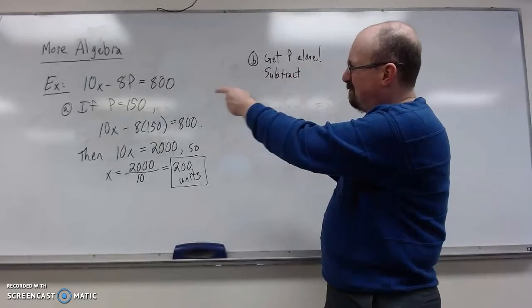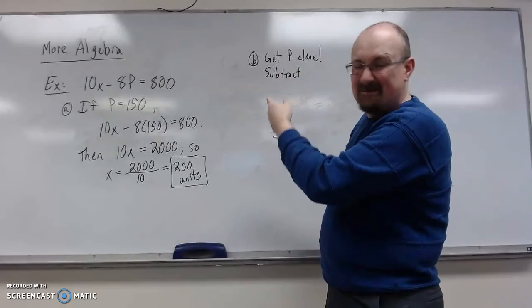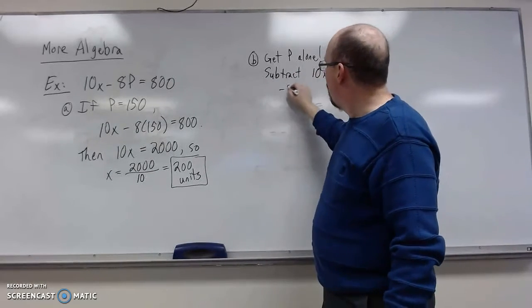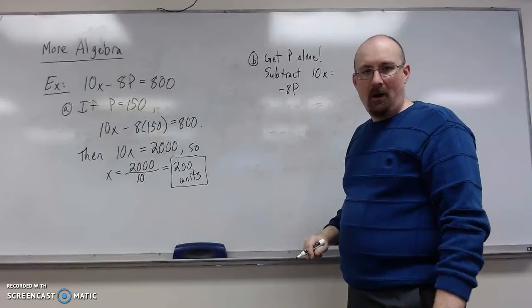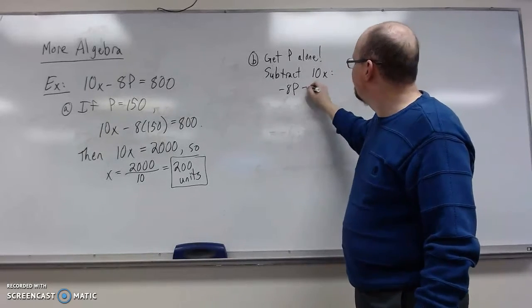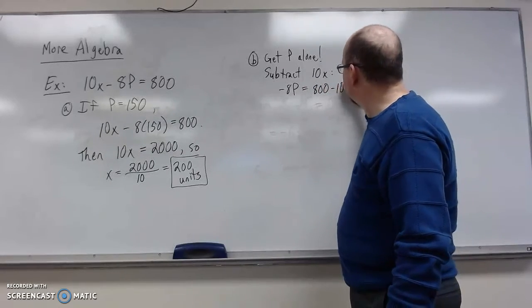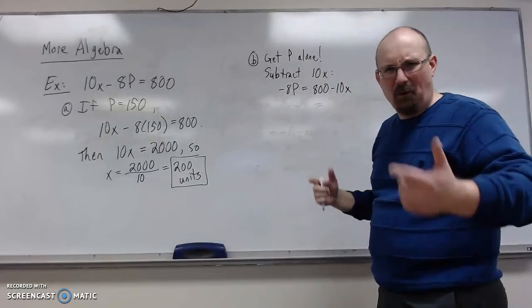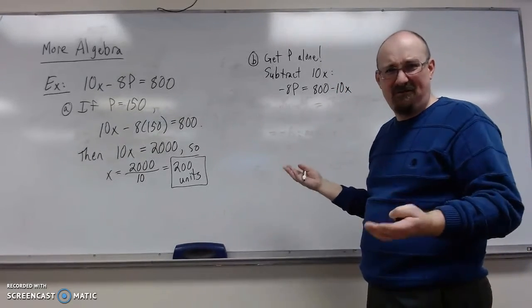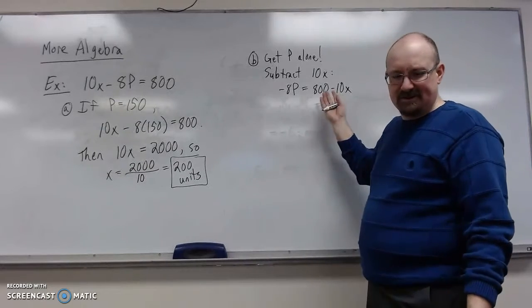First off, we have 10x minus 8p, so I'm going to subtract 10x from both sides. All that's left on the left-hand side, no pun intended, is negative 8p. Then we have 800 minus 10x. If you wanted to rearrange that as negative 10x plus 800, that's fine, but this does the job.